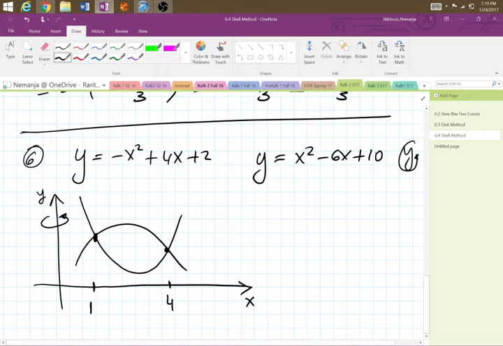So you are not going to start the problem by trying to figure out whether it is disk or shell. You will look at the picture and see whether you can put dx or dy or both. If you can work with both, then you can pick a method. In this case, the only one you can put is dx.